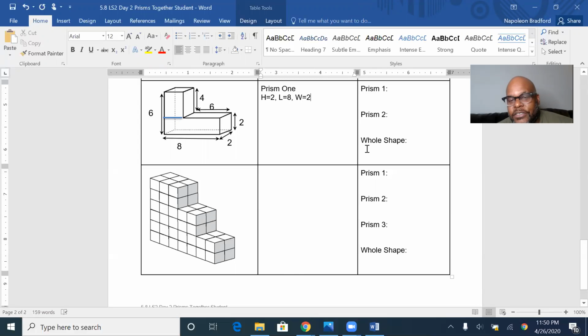So with that information, find the volume for prism 1. I'm going to give you 1 minute. Find the volume for prism 1. You have 1 minute. You know the height, you know the length, you know the width.